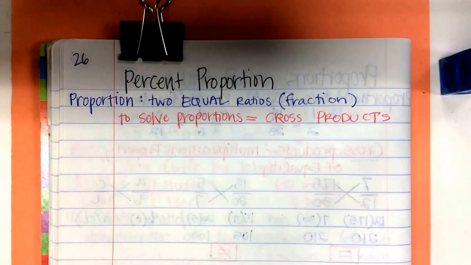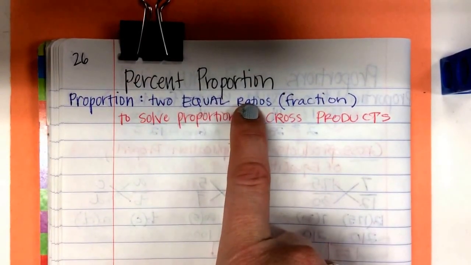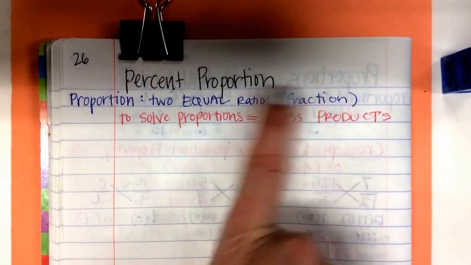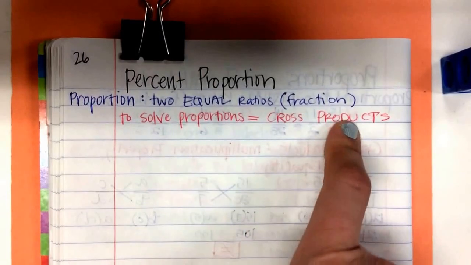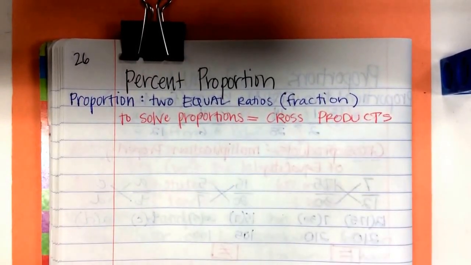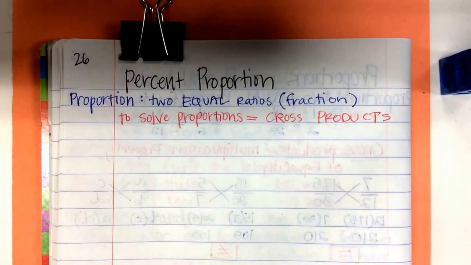For a proportion, two equal ratios or two equal fractions, to solve them, we use cross products. We multiply the diagonals. And today we're going to use a formula.